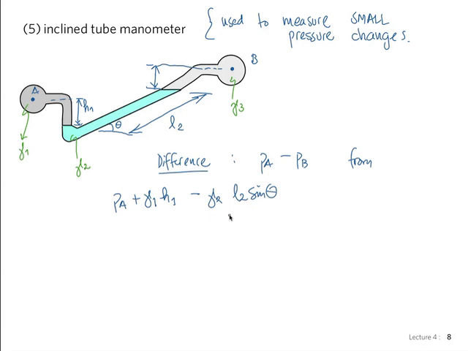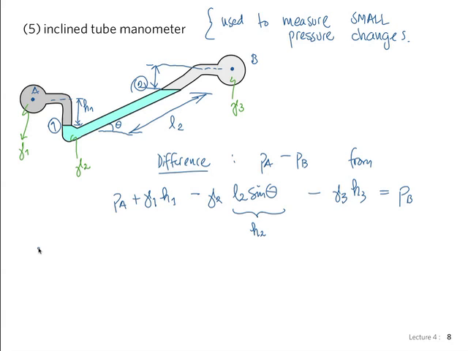This is the vertical distance H2 that we had before. Vertical distance between points 1 and 2, so I'm calling this one 1 here and 2 here. This is the vertical distance between points 1 and 2, minus gamma 3 H3 equals PB.